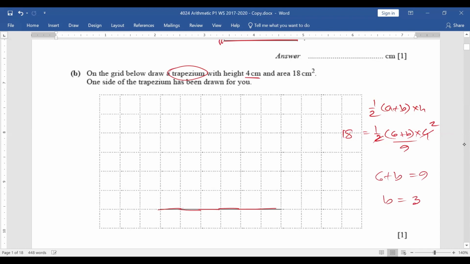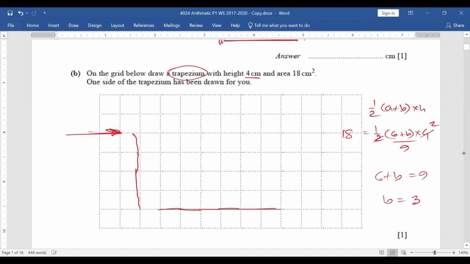3. Now we have to take the height. The height is 4 centimeters, that means 1, 2, 3, 4. The side parallel to a, which is b actually, will be on this line, and b equals 3.